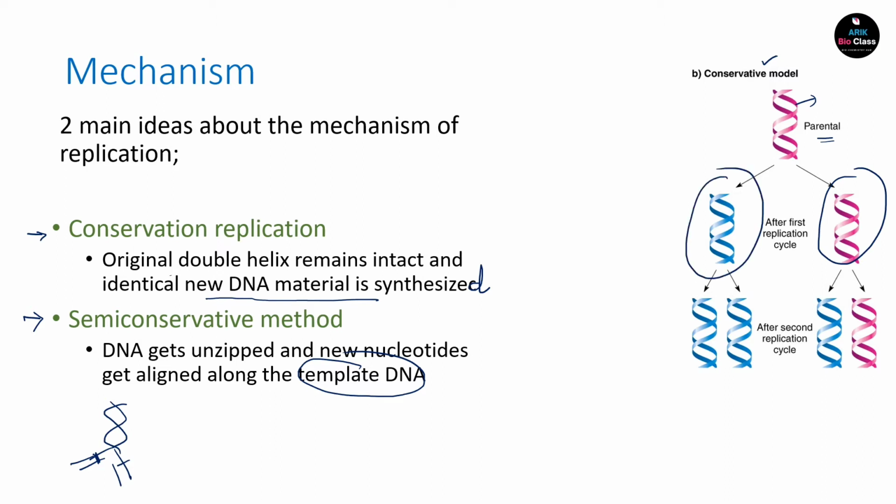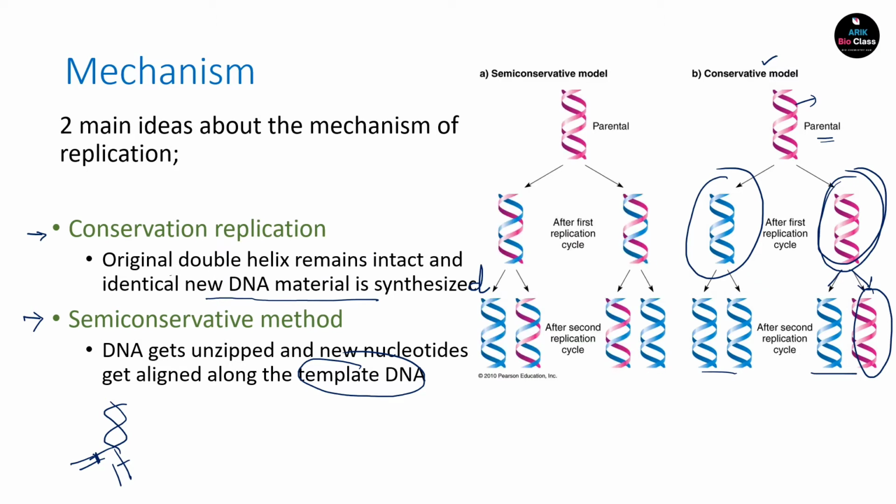Totally new nucleotides will come in such a way that the same information which is present in the parental DNA is copied into the daughter cells, and further it will divide. Again this will remain intact and the new DNA will be formed.